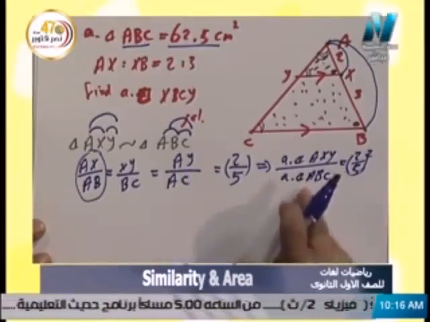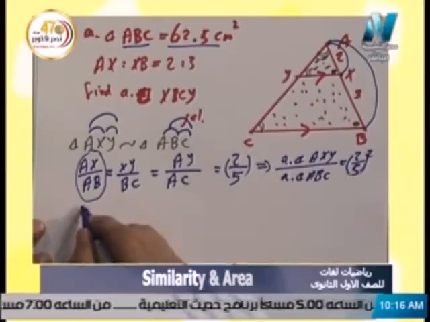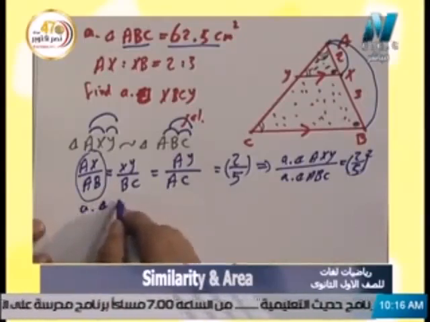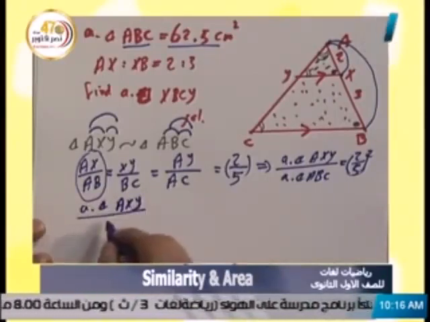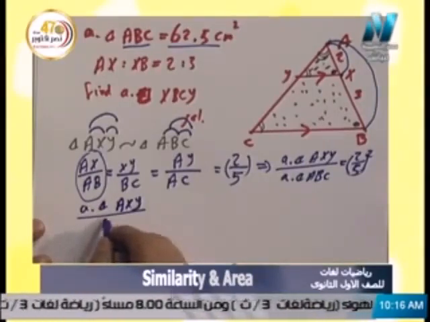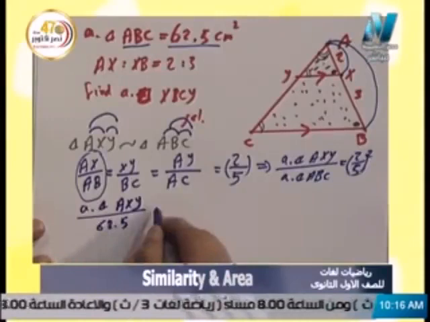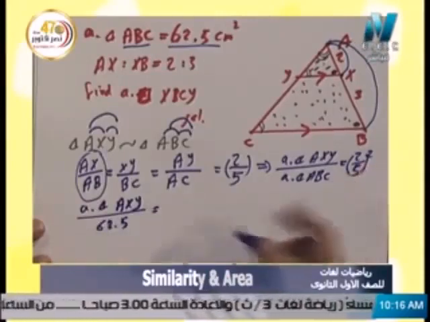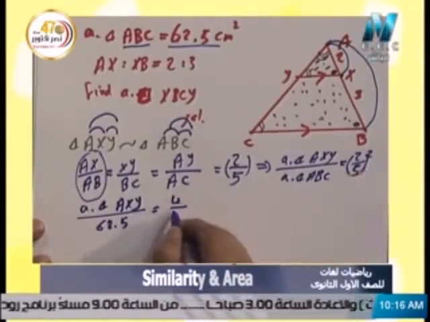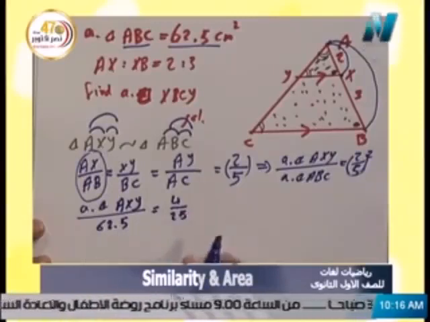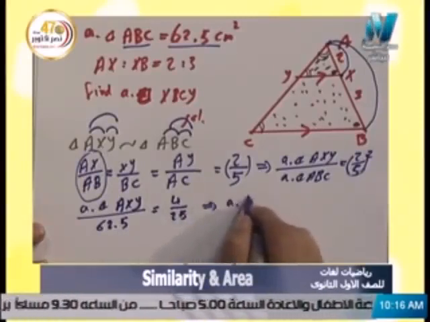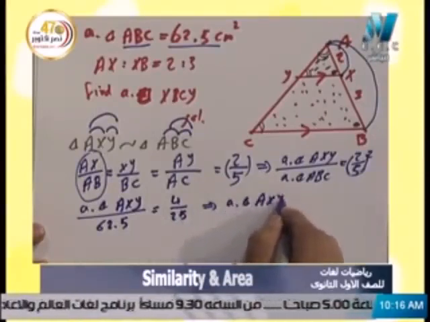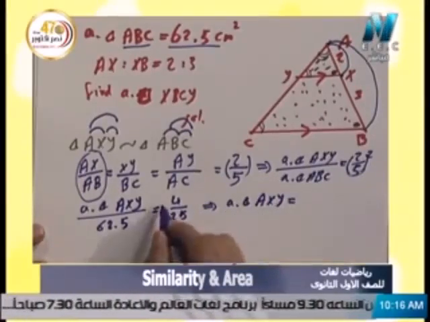So by substitution, we will get area of triangle AXY over 62.5 equals 4 over 25. Okay? We can get the area of triangle AXY by cross multiplication.